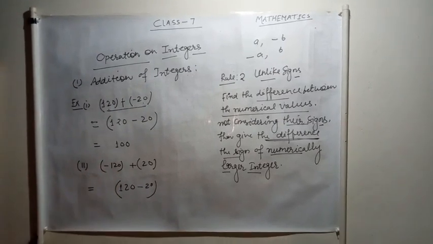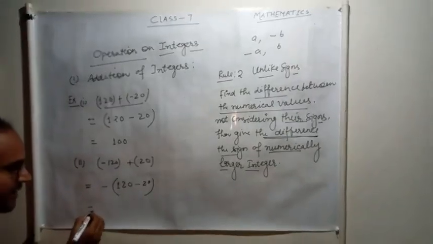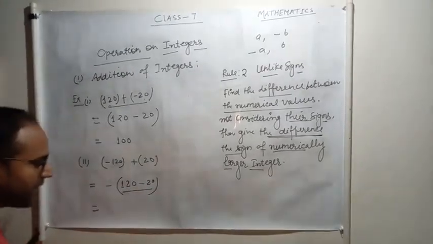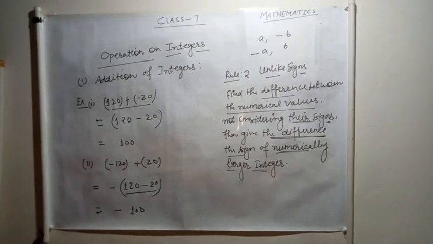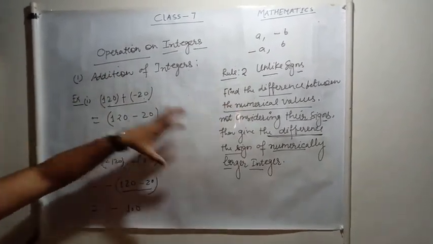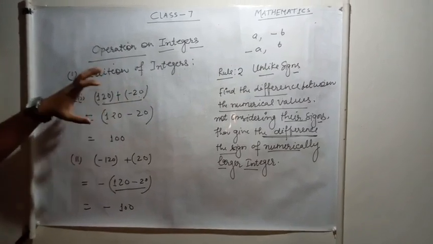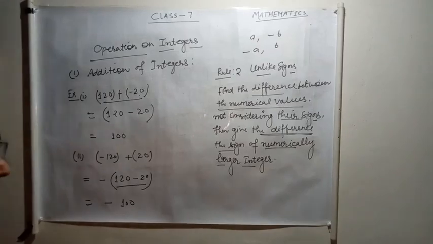And what is the sign of 120? Minus, so we write minus here. 120 minus 20 gives 100, and the sign is minus. So by using these two rules, you can add two integers very easily.